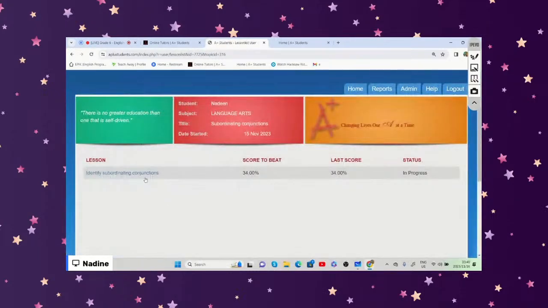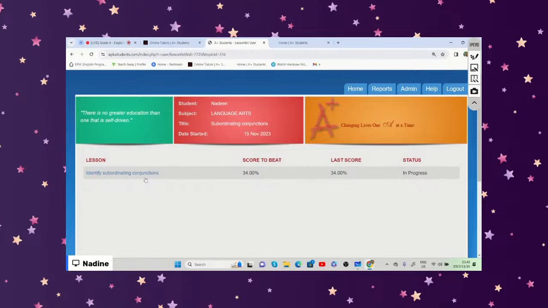All right, so that is basically our subordinating conjunctions. We see that the subordinating conjunction introduces the dependent clause within a sentence, and you will find a complex sentence. In a complex sentence, we have an independent clause and a dependent clause.